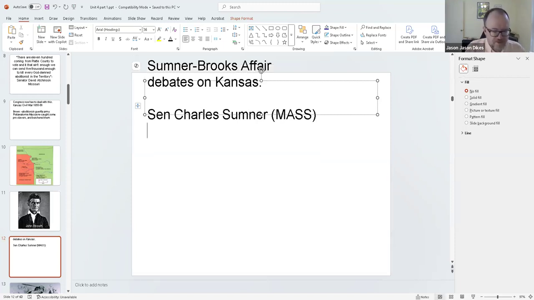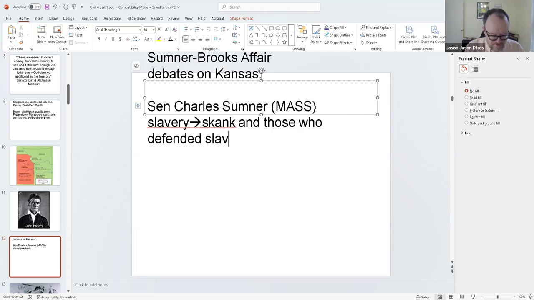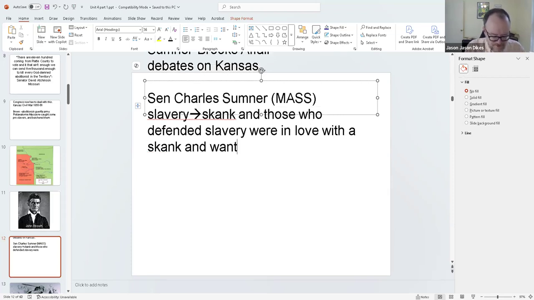In the course of his speech, he called slavery a harlot, which doesn't really hit with the kind of impact it would have in the 19th century. So let's modernize this a bit. He called slavery a skank, and those who defended slavery were in love with a skank and wanted to marry her. It's basically what he said.